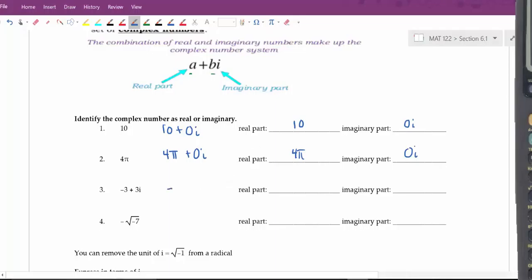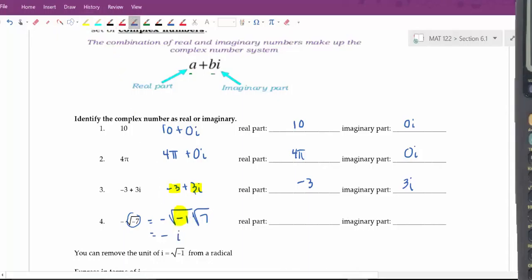All right, this one is already in the standard form of a complex number, so your real part is the negative 3. Your imaginary part is the 3i. Okay, and then we got one last illustration here. If you had something like this, you have a square root of a negative number, so you could write this really as negative, and then you could take the square root of negative 1 out, so you can factor that square root of negative 7 like that, and then you could replace this thing with i.